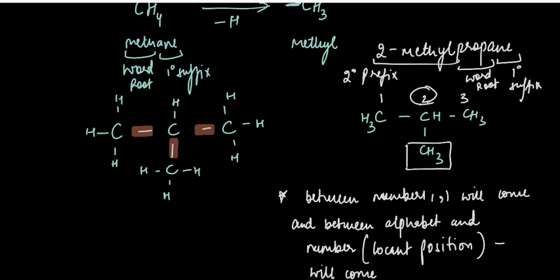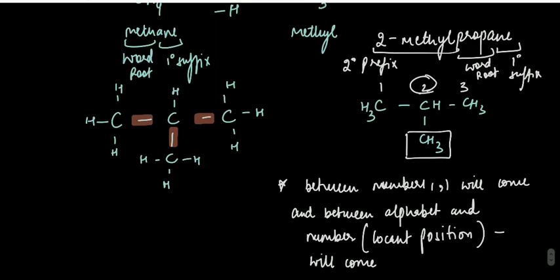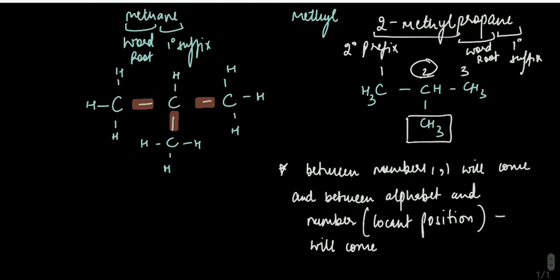We don't have a secondary suffix over here. So this kind of question can come: write the correct IUPAC name of different organic compounds, or they can ask what the prefix is in this organic compound, what the word root is, the primary suffix, the secondary suffix. These kinds of questions they can ask. So that is all for today. Thank you.